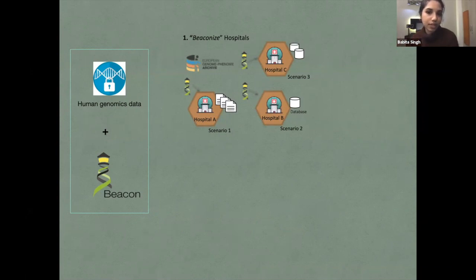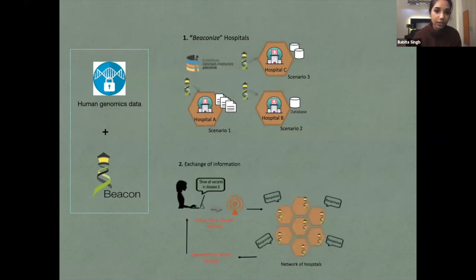And with a VCF file, for example, we can annotate, or there is GitHub open access code you can download. You can put your own Beacon there, and then these hospitals, clinics or institutions can, if somebody makes a query, communicate among each other, aggregate the response, and then send it back to the user: okay, we have found this information coming from these places.